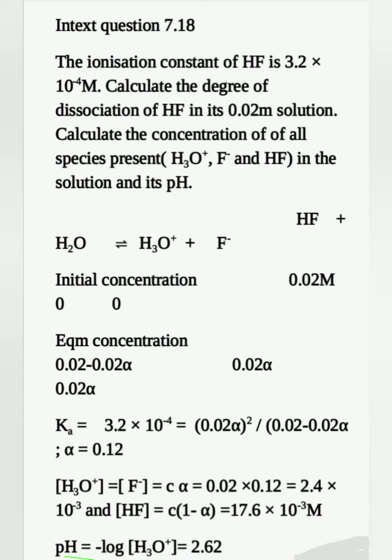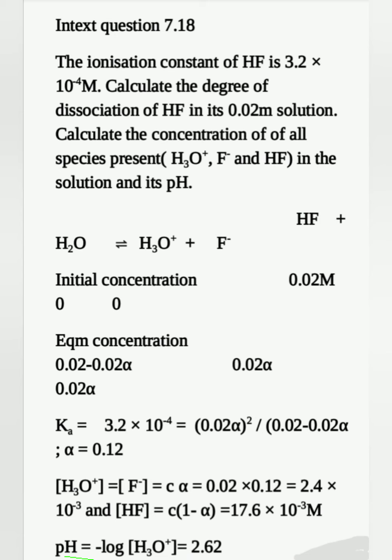Calculate the concentration of all the species present, that means H3O plus, F minus, and HF in the solution, and its pH also can be calculated. So almost all the details we learned in the last video and this class, we have to use together.